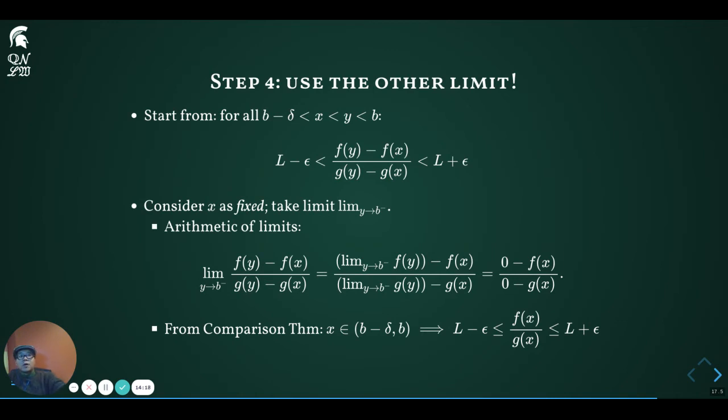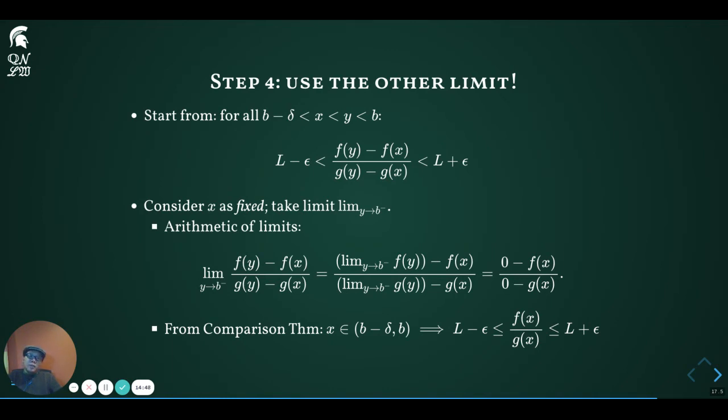So, we have a ratio of two functions, both of which converge as y goes toward b from below. So from what we learned about arithmetic of limits, the limit as y approaches b from below of the ratio is the ratio of the corresponding limits. And so the limit is exactly equal to minus f of x divided by minus g of x.